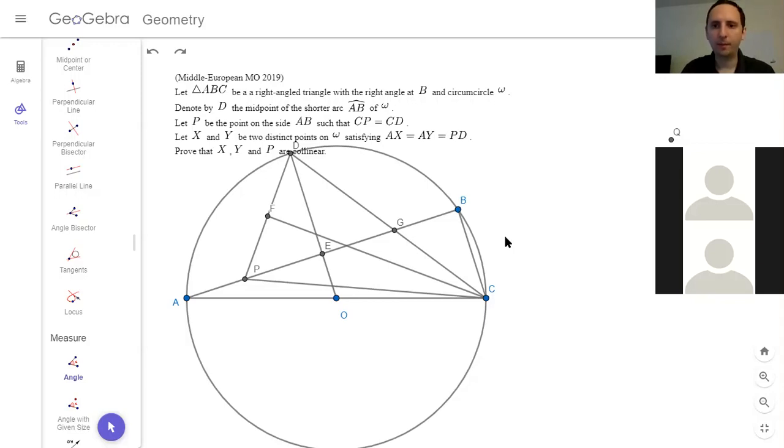Well, yeah, because ADC is a right triangle. So I guess I see why AC cos Y equals CD. I see where that's true. How does that solve it? Just write AP and AB. Okay.